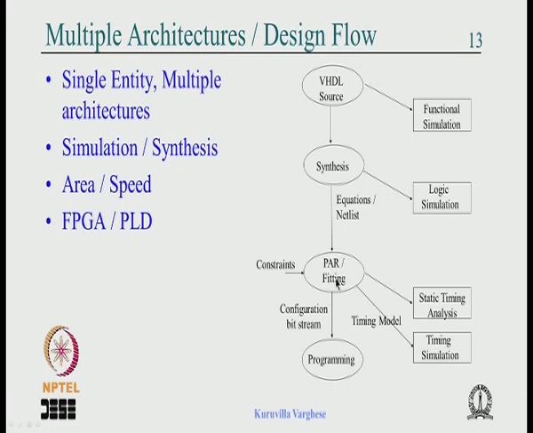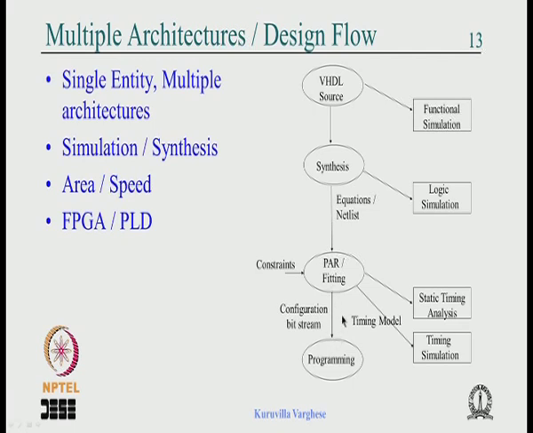Place and route is called PAR, and you give IO constraints and timing constraints, and do a quick static timing analysis depending on the delay of the blocks. When you iterate there and everything is okay, you do timing simulation, which might take time for complex circuits. When everything works fine, you can program the FPGA.